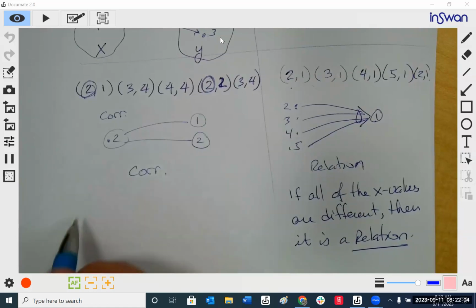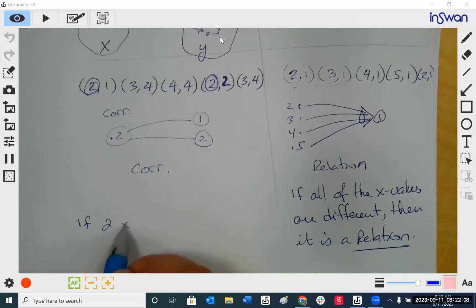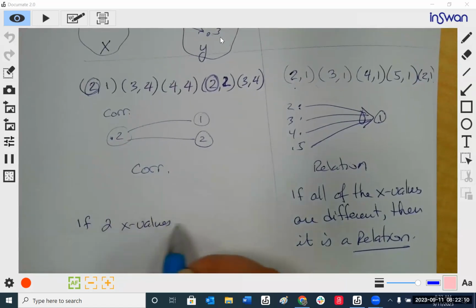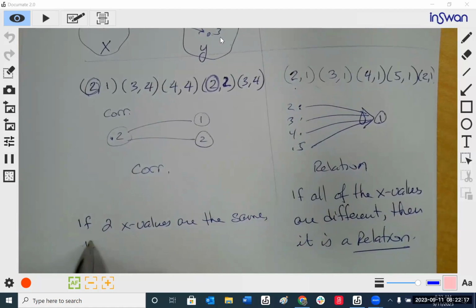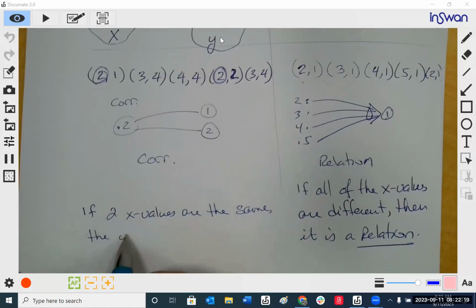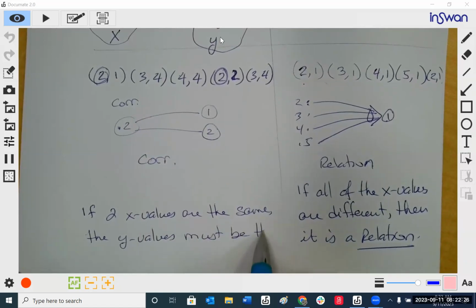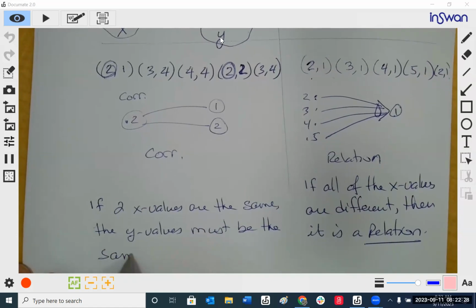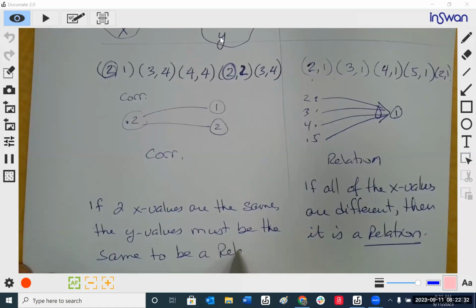But if two X values are the same, the Y values must be the same to be a relation.